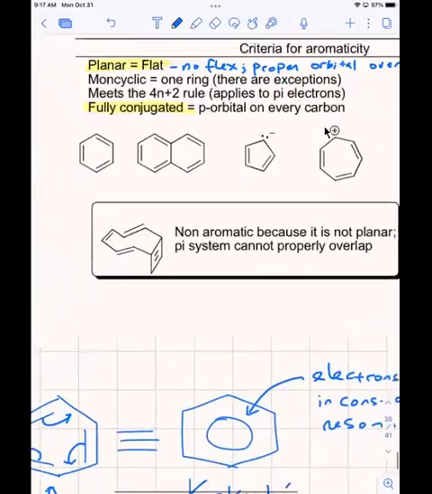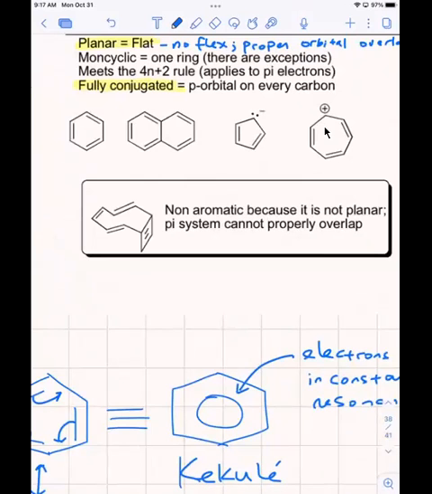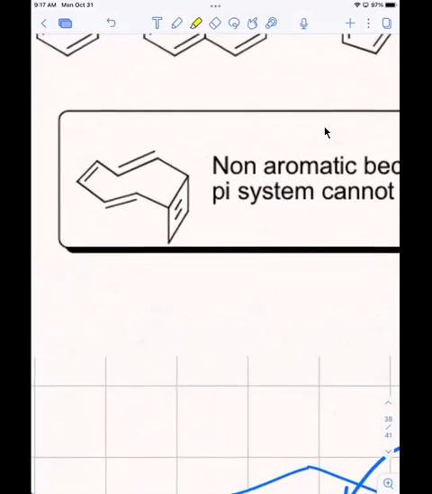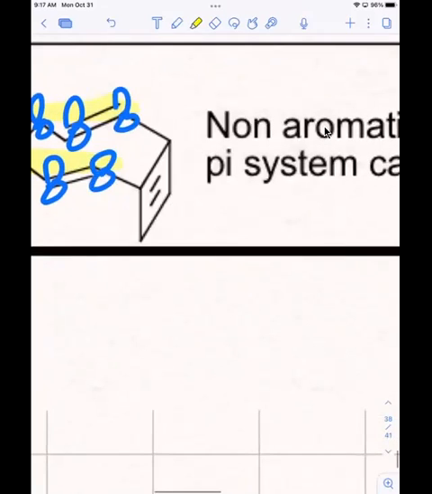An example is here, this 10 carbon system down here. If you look at the p orbitals in this system, these all overlap with no problem. But the orbitals in this part down here are perpendicular to that system, so they do not overlap properly.